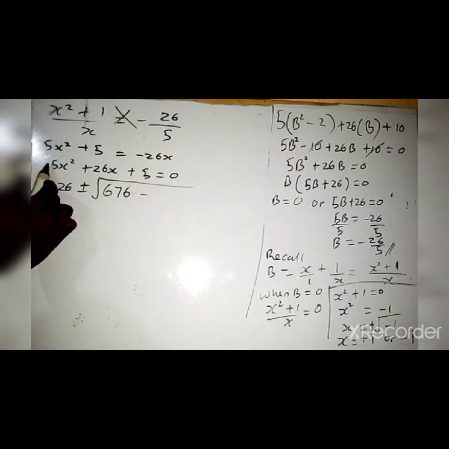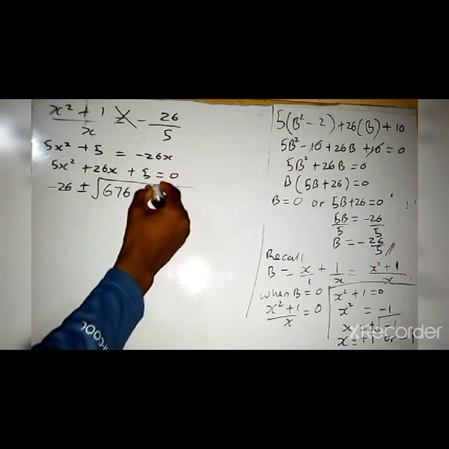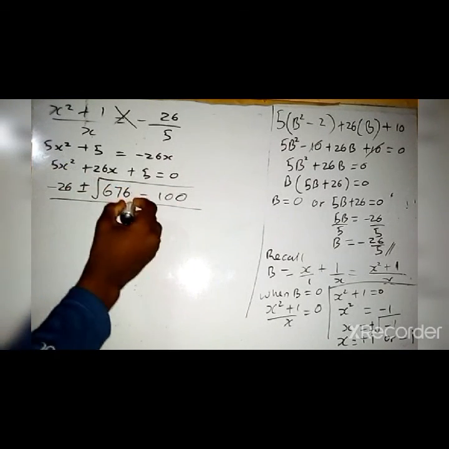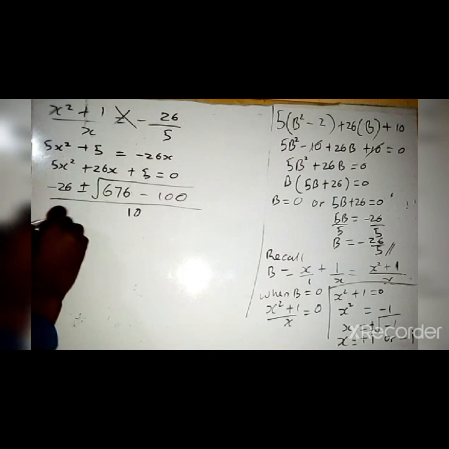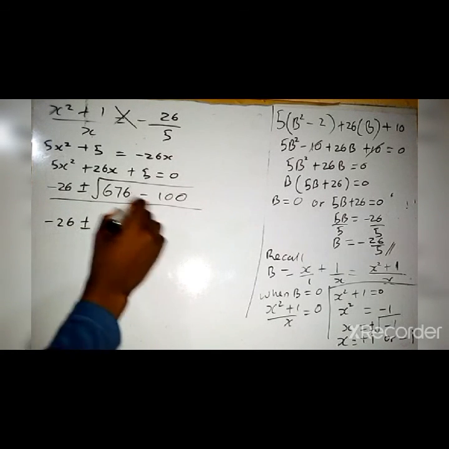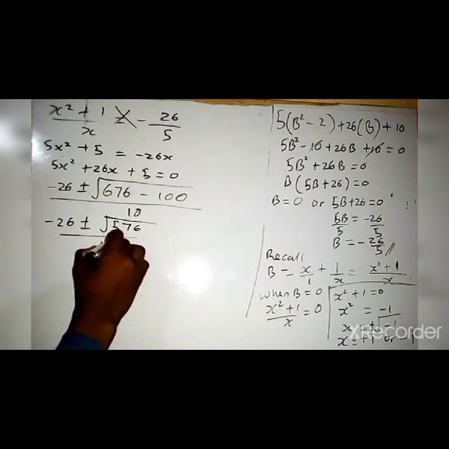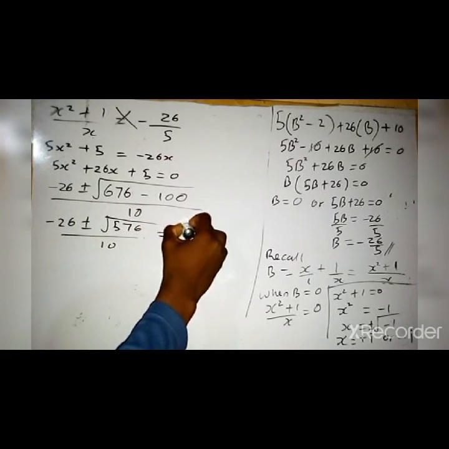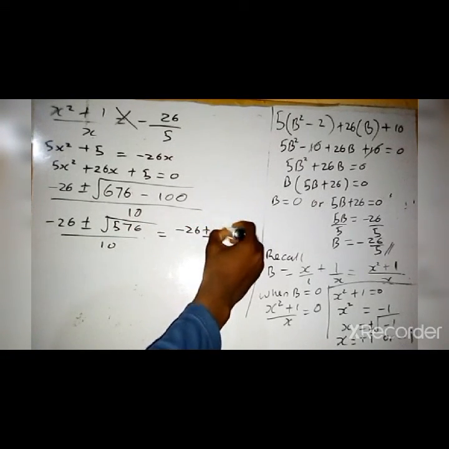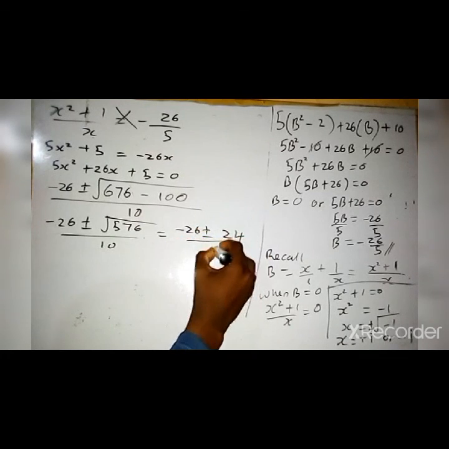So 5 times 5 is 25, times 4, that's 100, over 2a. 2 times 5, that's 10. Now minus 26 plus or minus square root of, when we subtract this, we have 576 over 10. So it will now be equal to minus 26 plus or minus the square root of this, which is 24, over 10.